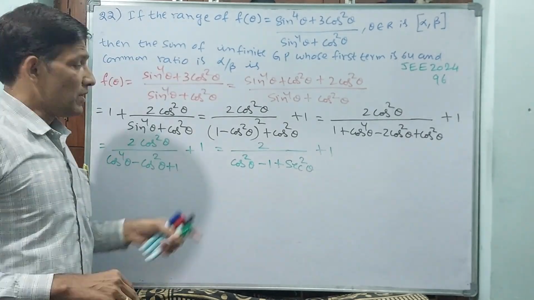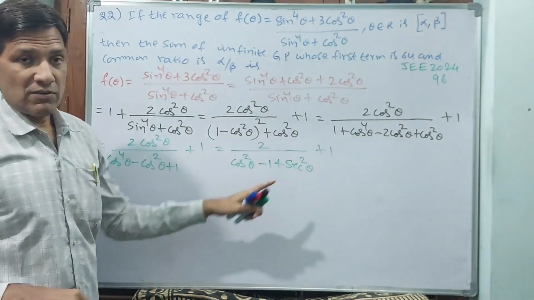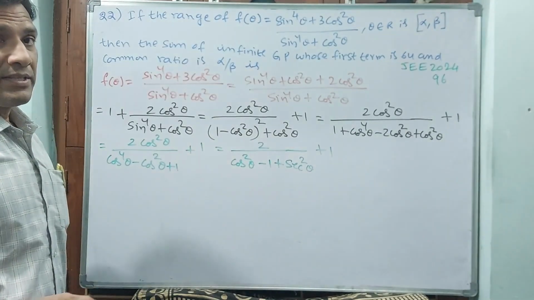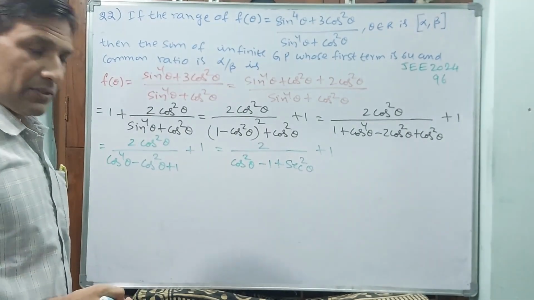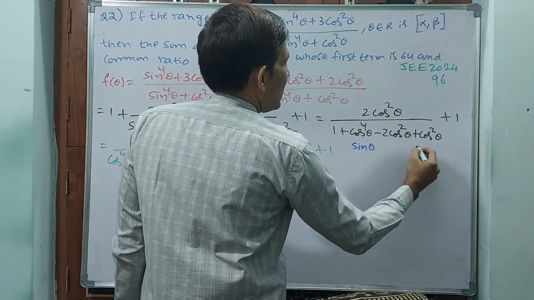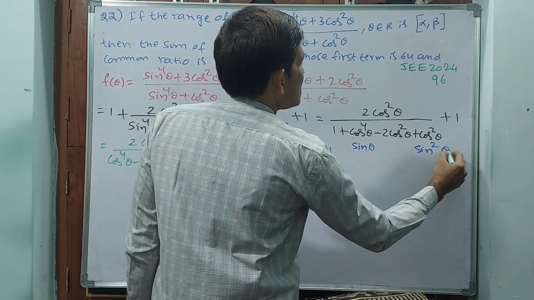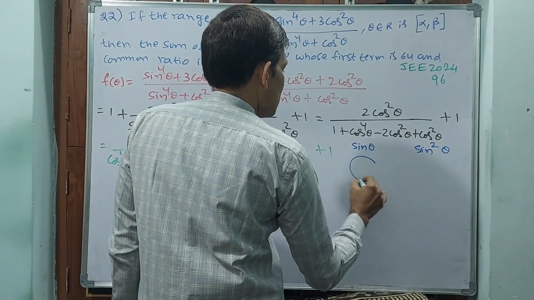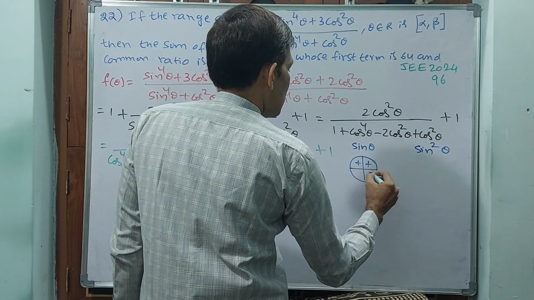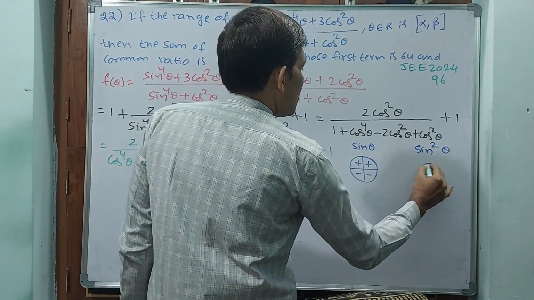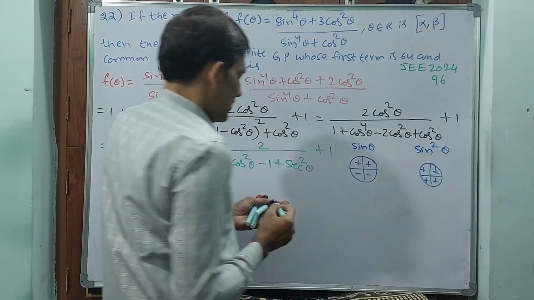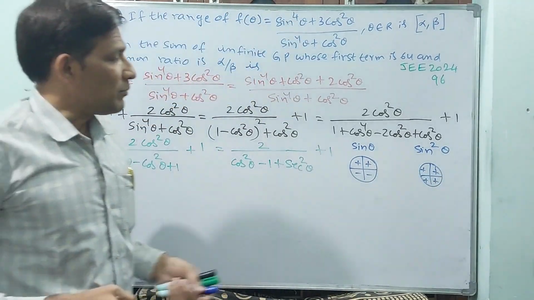Now you stop. From here you are going to get this range. What is the range like? Observe carefully. I am drawing these circle diagrams. First I am writing sin theta and sin square theta. Now you tell me why I have written R plus for sin square.